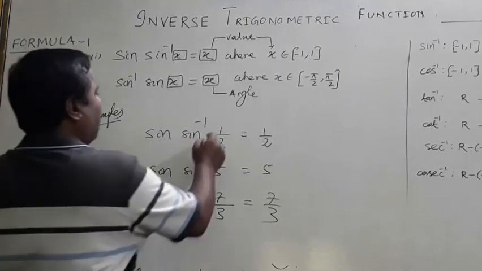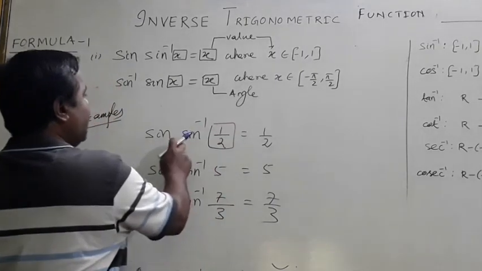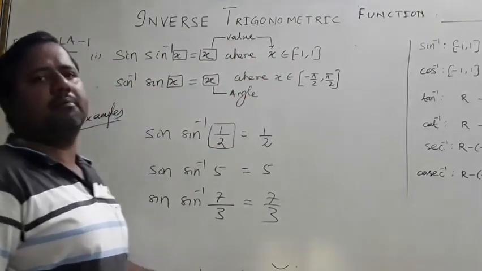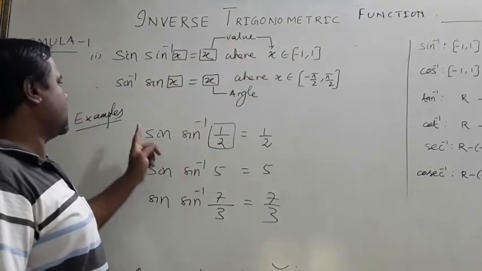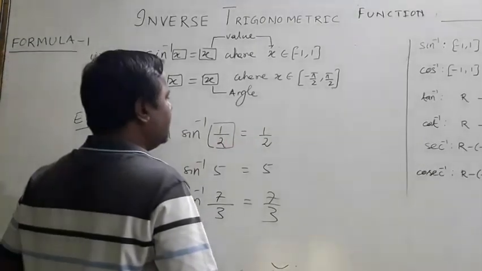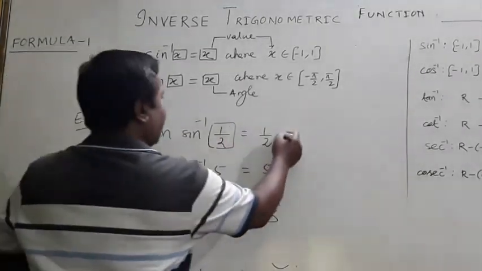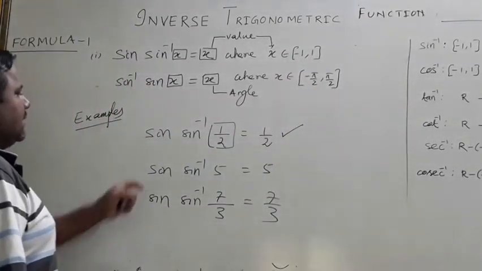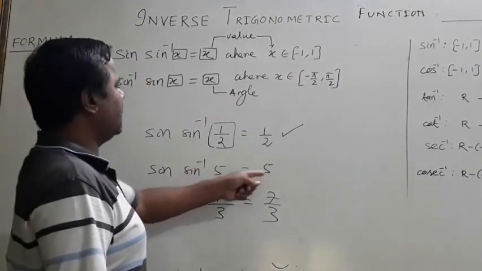Here half. Sin inverse, this value always lies between minus 1 to 1. So sin inverse half is equal to half. Is it wrong or right? It is right, as half lies between minus 1 to 1. Sin inverse 5 is equal to 5.